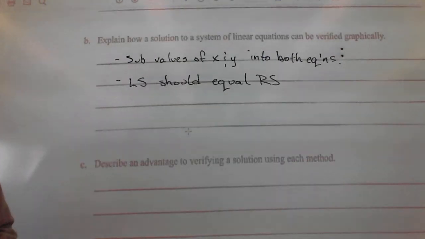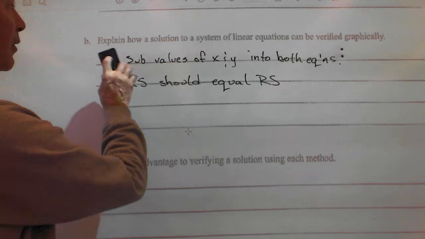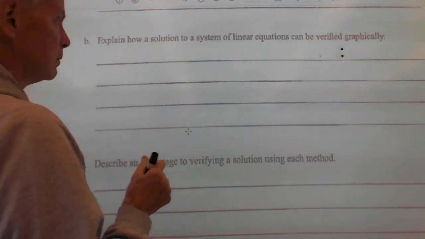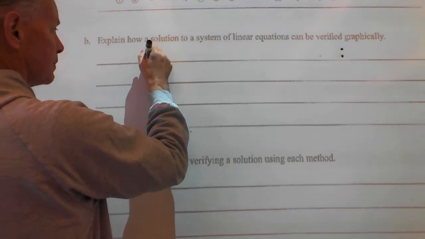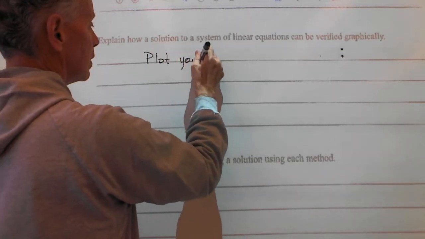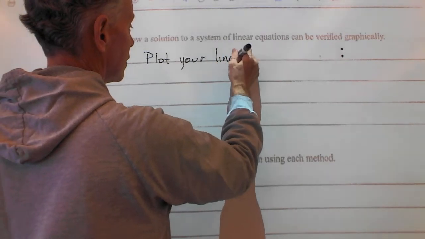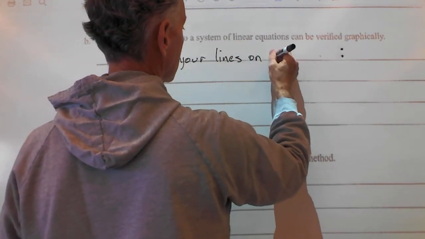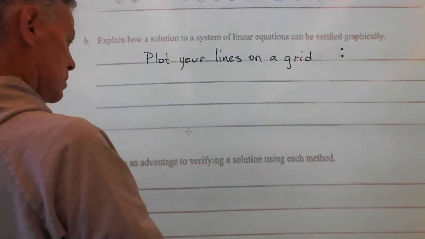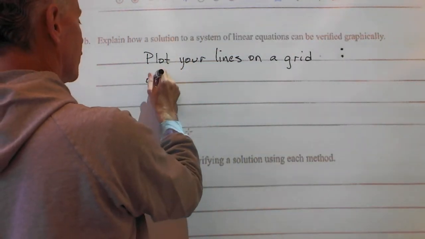Explain how a solution to a system of linear equations can be verified graphically. Well, that's easy. Plot your lines on a grid. Or with a graphing calculator.